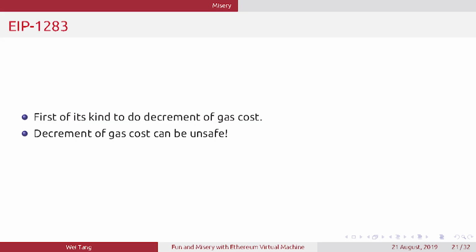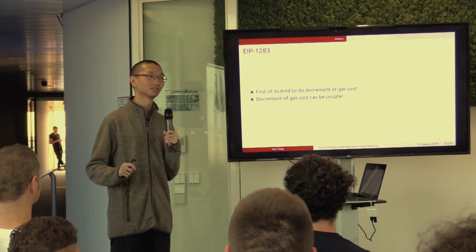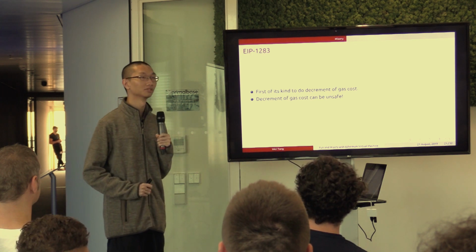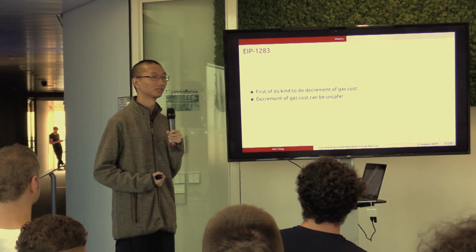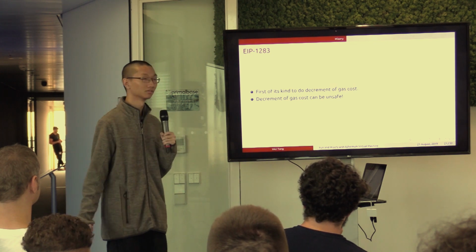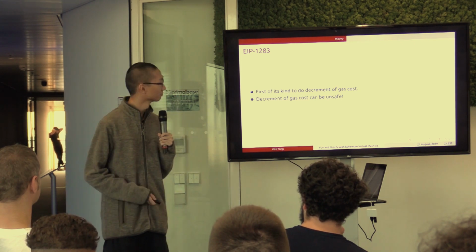That's the first issue. 1283 is kind of the first of its kind to do a decrement of gas cost, and there were a lot of arguments about what actually went wrong. I think the general consensus at the time was that if we do a decrement of gas cost, it can sometimes be unsafe.